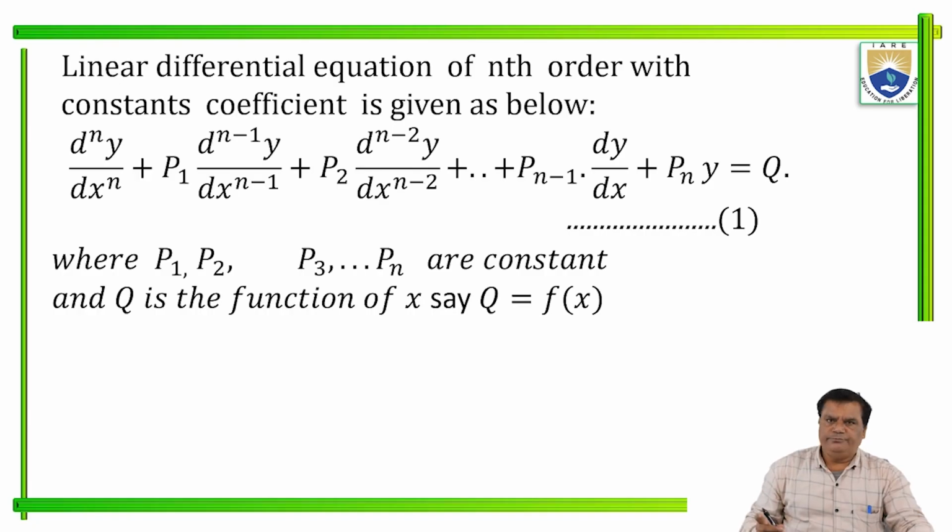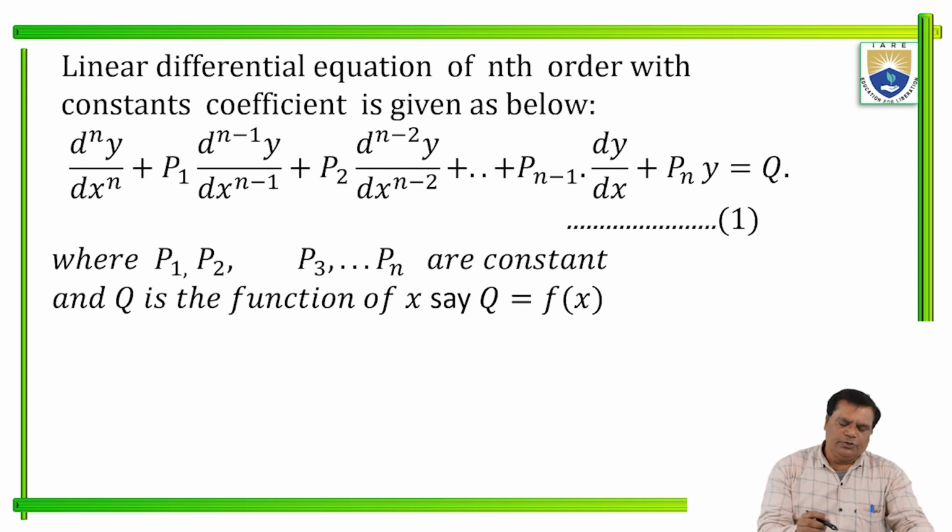First of all, we define a differential equation of nth order and first degree with constant coefficient. A linear differential equation of nth order with constant coefficient is given as below.